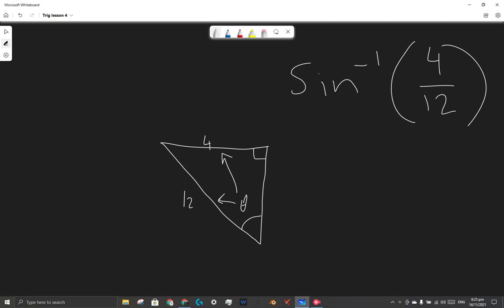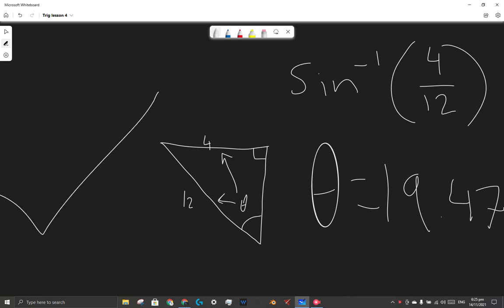And basically that's shift sine. And if you got 19.47 to be theta, then you're correct. Well done.